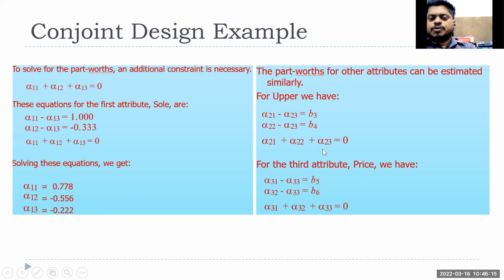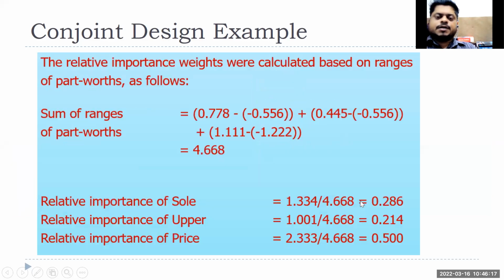Similarly for the upper, they have done those calculations and got those numbers. Now, what is the relative importance of sole, of upper, of these attributes? Overall they sum it up like we did.